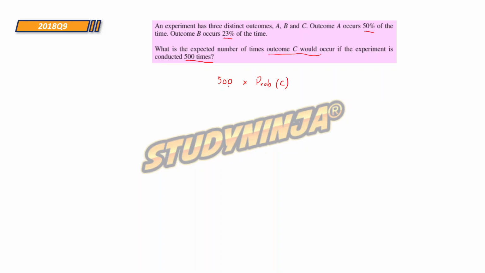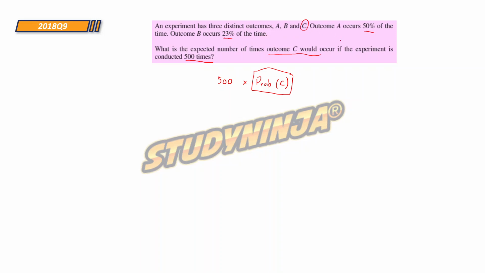So you just multiply the two, and you'll get the answer. But most often, this part is where you need to do a little bit of work. Sometimes a lot of work, sometimes not too much. In this case, you are given the probabilities of outcomes A and B, but you're not told the probability of C. So the work you need to do here is to calculate this probability.